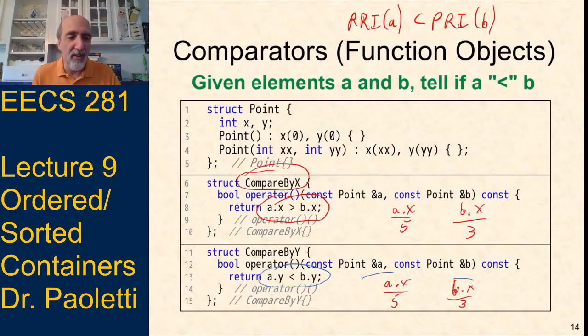If these were the only two things in the vector, A would be at the back, and that's the most convenient place to pop when we have to pop the highest priority.